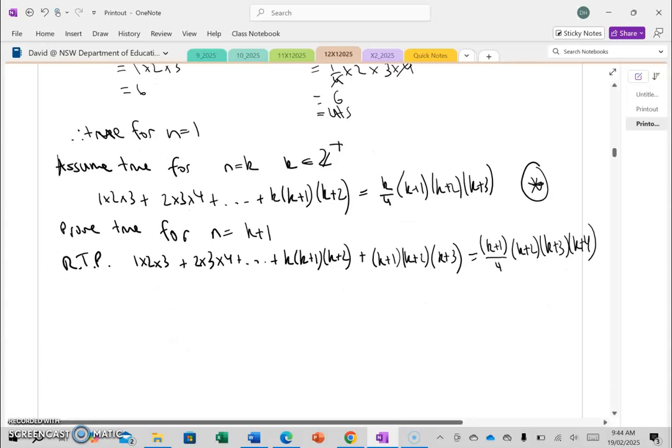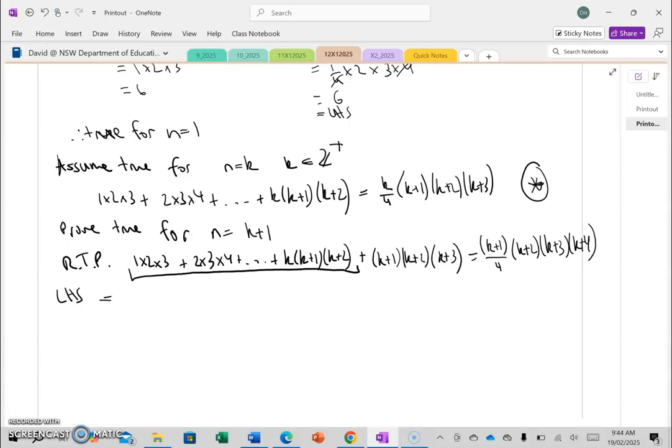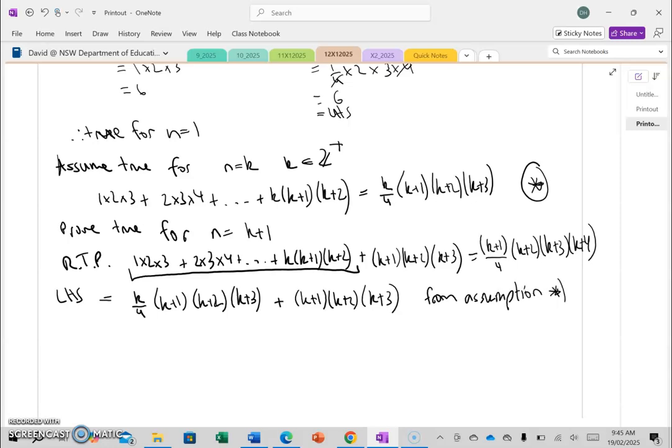Alright. Let's focus on the left-hand side. This bit here is our assumption. So straight away I'm going to use that assumption. So it's equal to k on 4, (k plus 1), (k plus 2), (k plus 3), plus, and then we've got this here, (k plus 1), (k plus 2), (k plus 3), from assumption star.